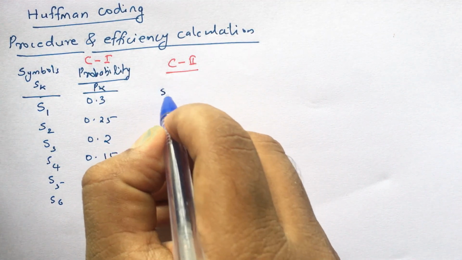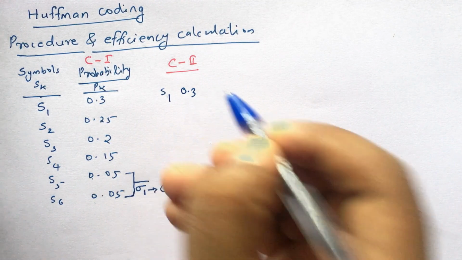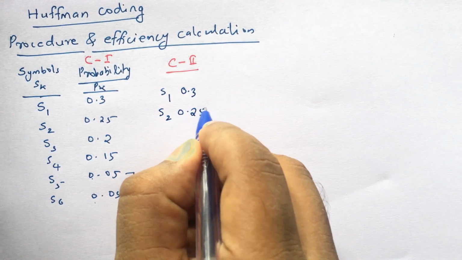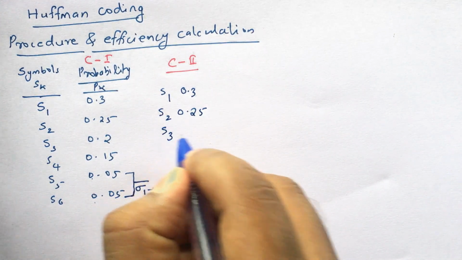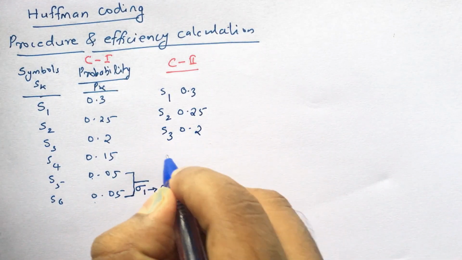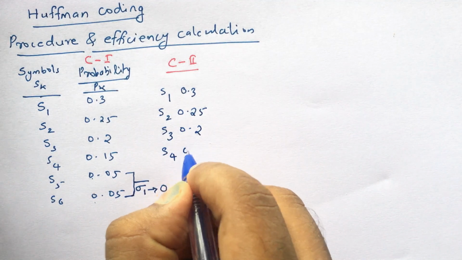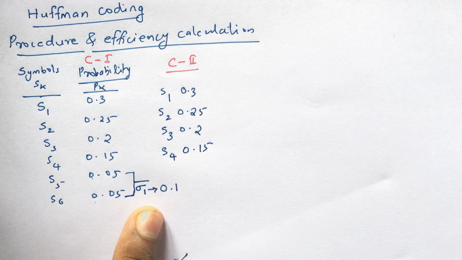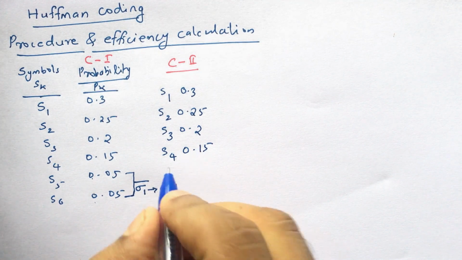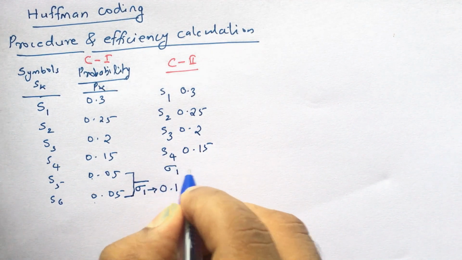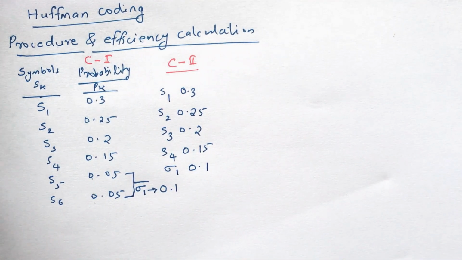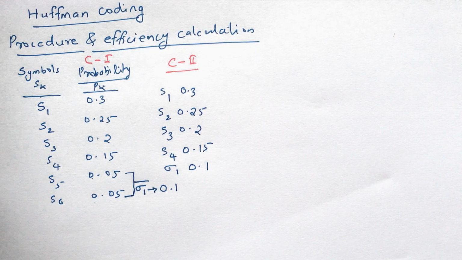So I am writing: S1 with probability 0.3, S2 with probability 0.25, S3 with probability 0.2, S4 with probability 0.15, and S5 and S6 are not there. Those are combined, and we have the new symbol sigma 1 with probability 0.1. Now we have got the second column.